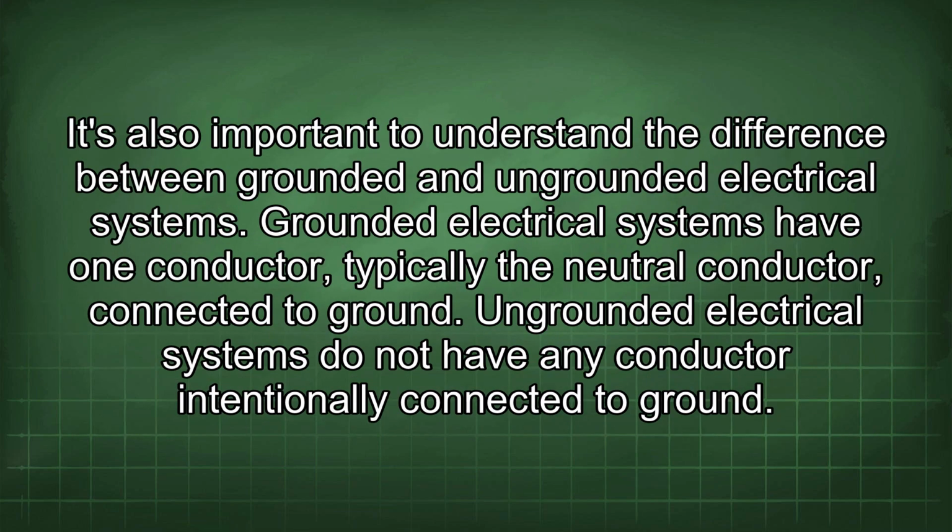It's also important to understand the difference between grounded and ungrounded electrical systems. Grounded electrical systems have one conductor, typically the neutral conductor, connected to ground. Ungrounded electrical systems do not have any conductor intentionally connected to ground.